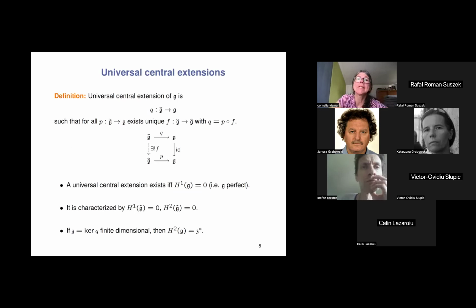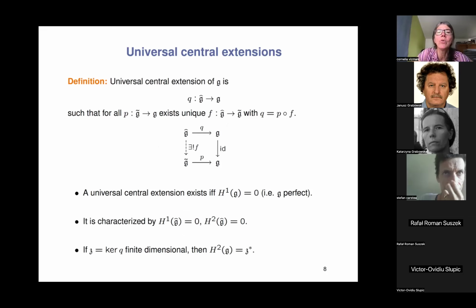The universal central extension of G is an extension, I denote it here by Q, and the Lie algebra is G hat.